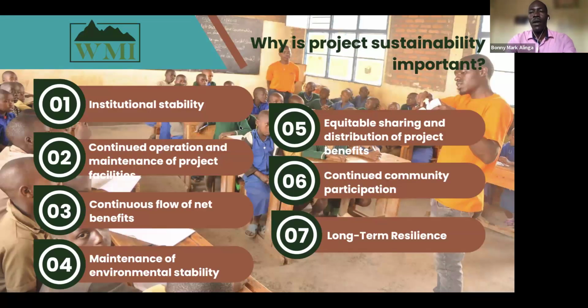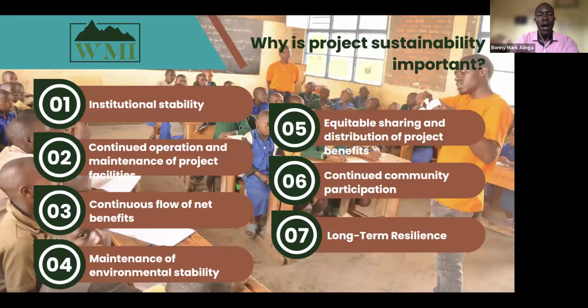Take, for example, you're running a football club and it's not constituted, you don't have a management team, you don't have a coaching team, you don't have the technical people who are running back and forth, the marketing department, the brand department, all these departments. The institutional stability comes hand in hand with this. So you need project sustainability to be able to have your project be institutionally stable.